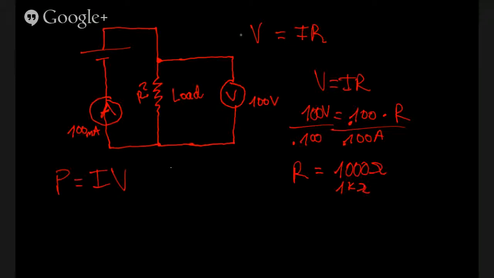We can plug in Ohm's law and rework this and find out power is also current squared times resistance. Given Ohm's law, also voltage squared over resistance, I believe. Let me check my notes. Yes.